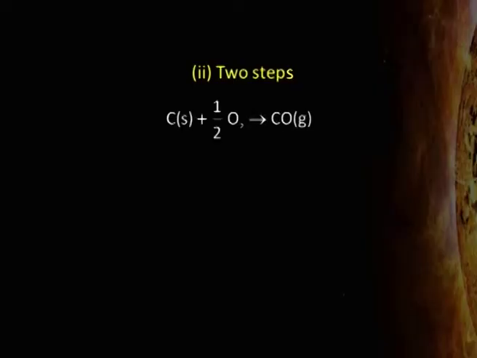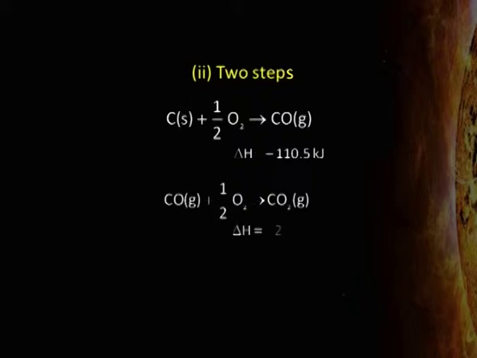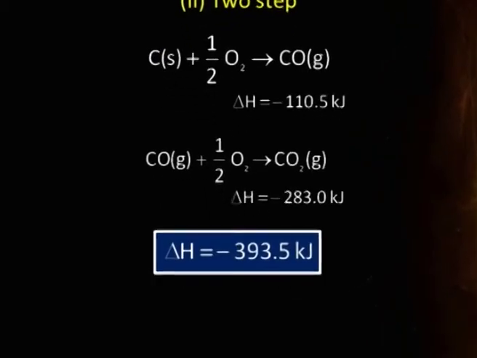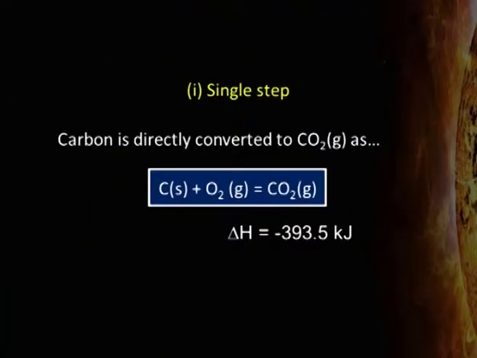For the first step, when carbon gets converted to carbon monoxide, delta H is equal to minus 110.5 kilojoules, and when carbon monoxide gets converted to carbon dioxide, delta H is equal to minus 283.0 kilojoules. Total enthalpy change from carbon to carbon dioxide, that is delta H, will be equal to minus 393.5 kilojoules, which was the same enthalpy as in the single step.